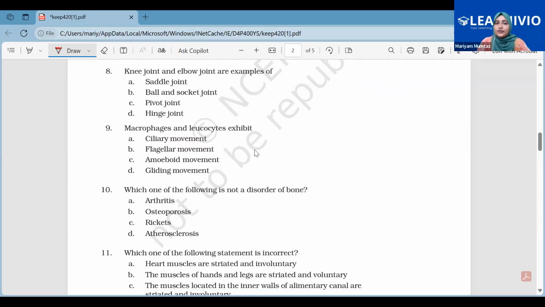Knee joint and elbow joint are the example of hinge joint. Not ball and socket. Knee and elbow joints are examples of hinge, the one that can only provide one range of motion. Macrophages and leukocytes exhibit which type of behavior? Amoeboid movement. Very good.